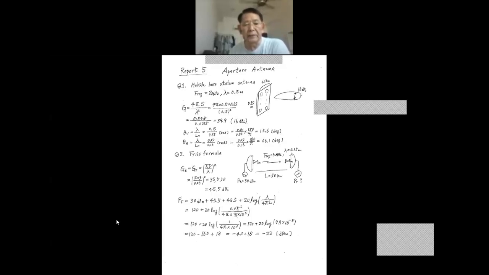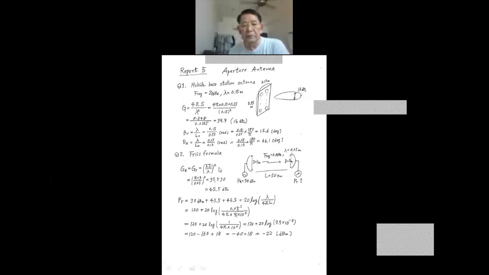Okay. Then next, already you have much calculation experience of Friis formula. So the distance is 50 kilometer and frequency is 6 GHz. Then wavelength is 0.05 meter. So antenna size is both 3 meter, and transmit power is 30 dBm. This is 1 watt power transmitted.